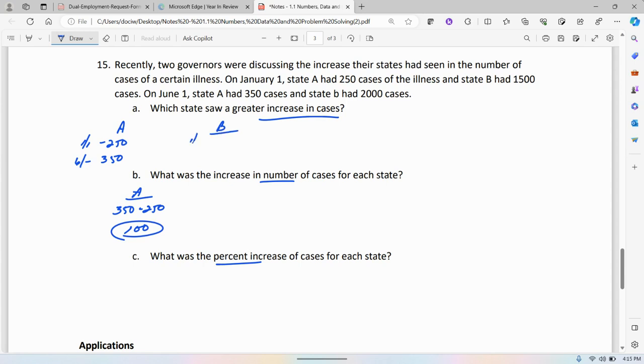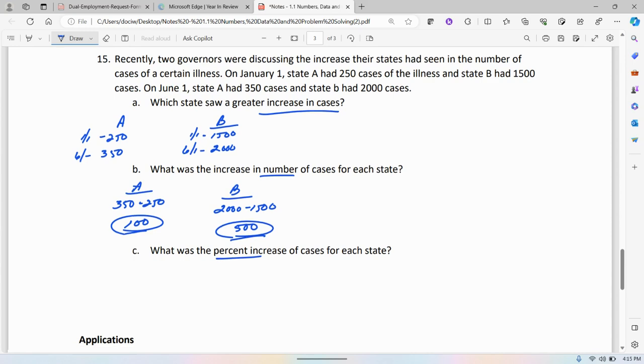State B, on January 1st, had 1,500 cases, and on June 1st, had 2,000 cases. So State B went from 1,500 to 2,000. That difference is 500 cases. So State B saw a larger increase in the number of cases than State A did. So if I'm the governor of State A, I'm going to say, hey, State B, you had a greater increase in the number of cases. What are you doing about that?